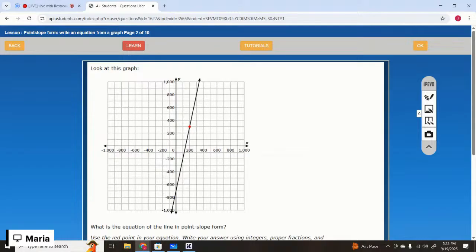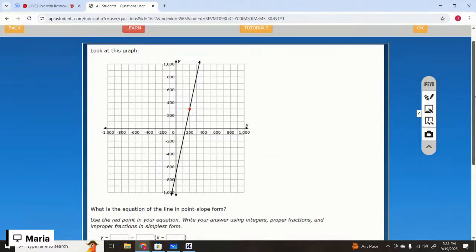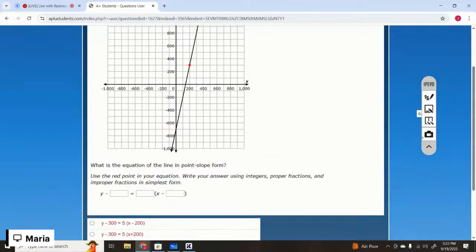Okay, look at this graph. We are given this point. First thing we need to find is slope. Let's just find the slope.